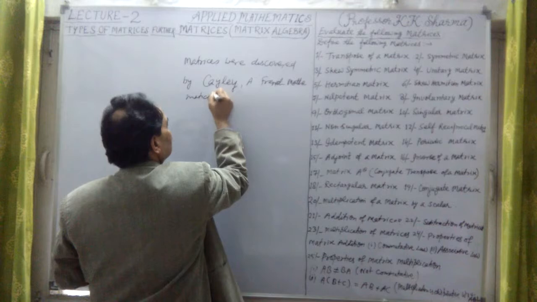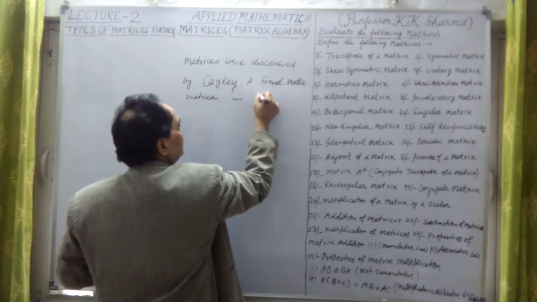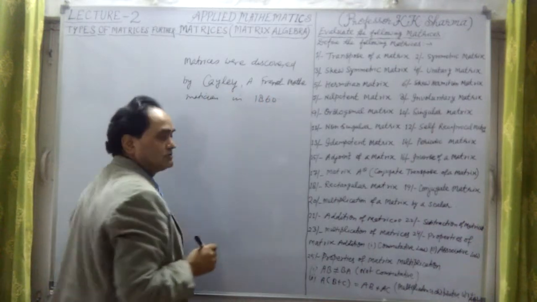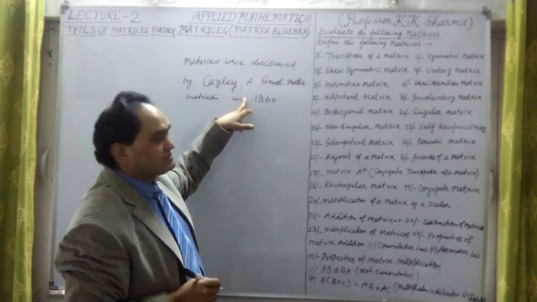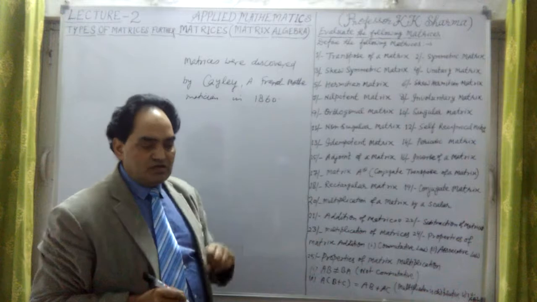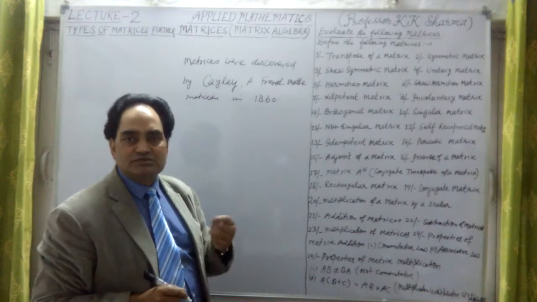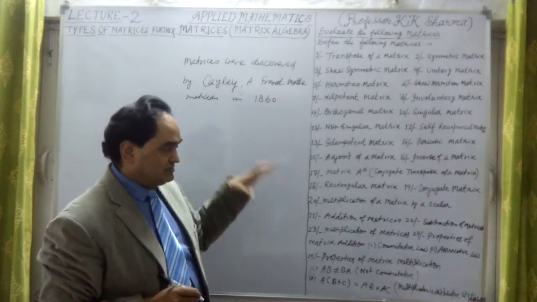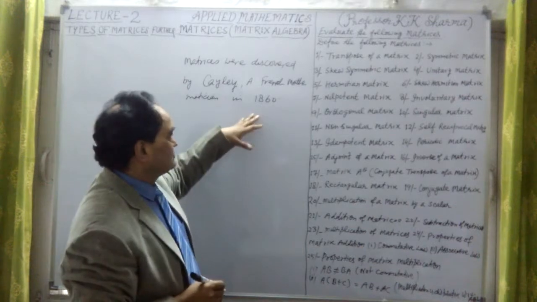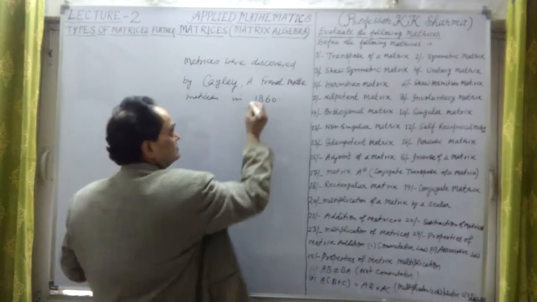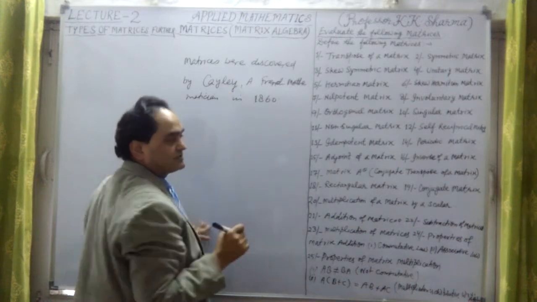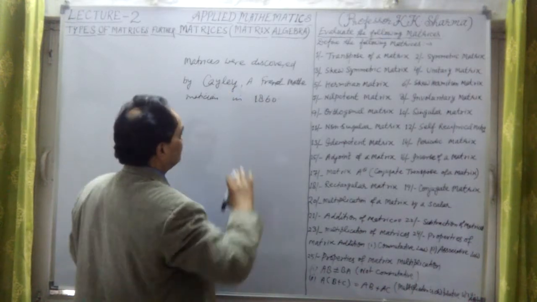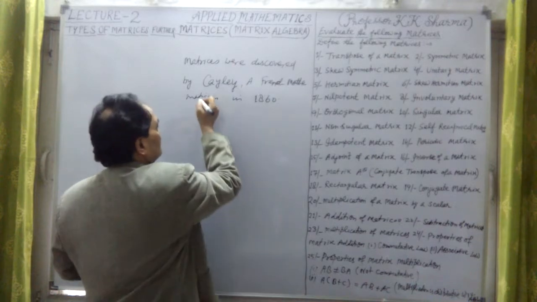A French mathematician in 1860. Try to understand, Cayley discovered matrices, the matrix representation of numbers. He gave the definition and all the basics, introducing the form of representation of numbers as a rectangular array.